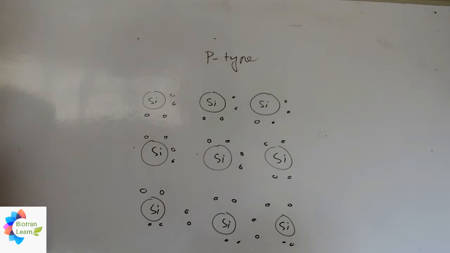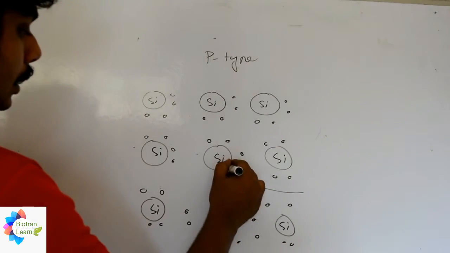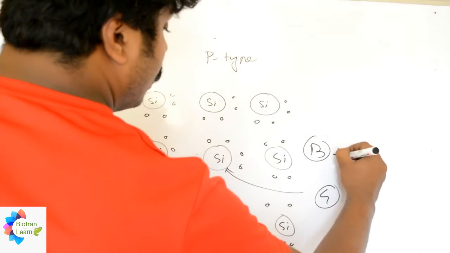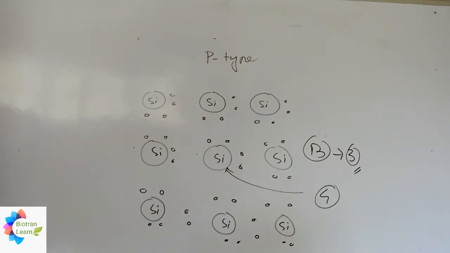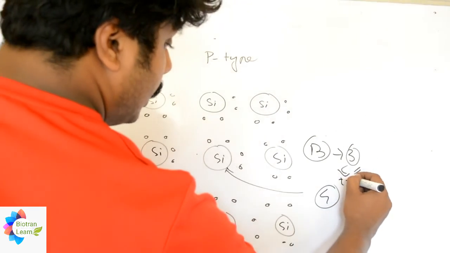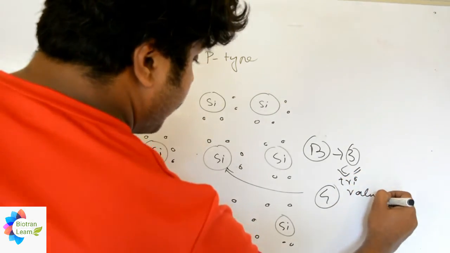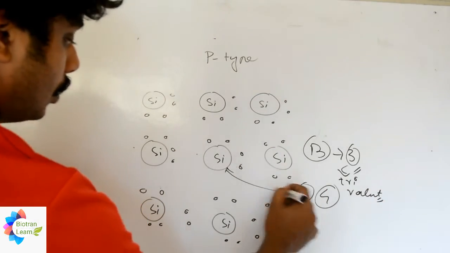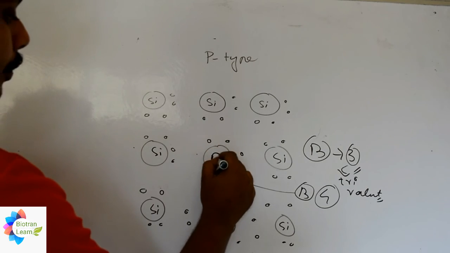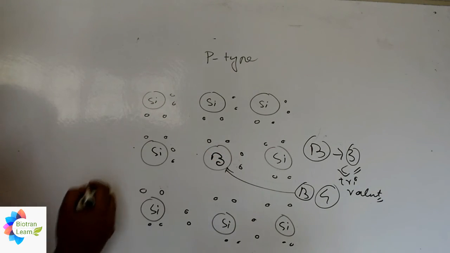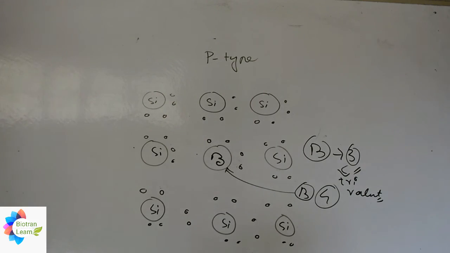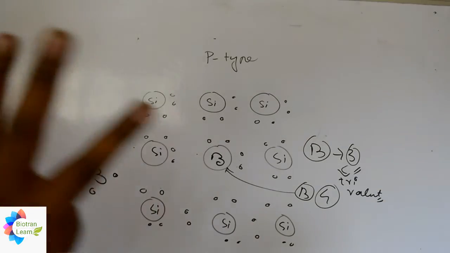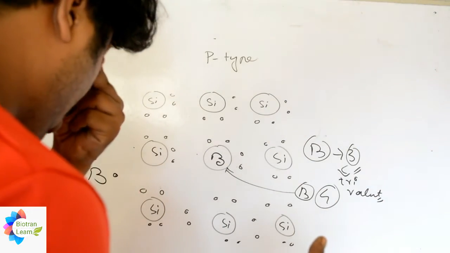In this particular case, silicon is tetravalent, but suppose I introduce boron, a trivalent element, right? If we introduce boron, then this silicon will be replaced. But boron has at most 3 electrons at its outermost shell.